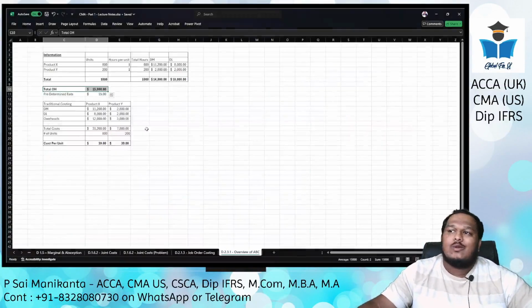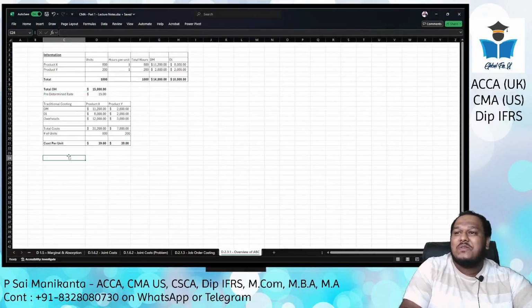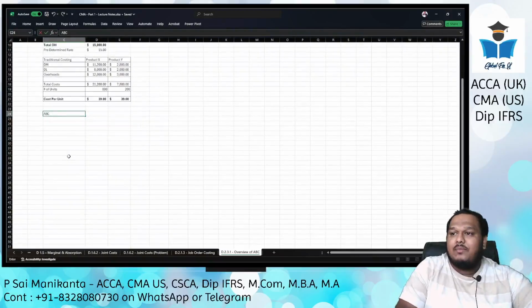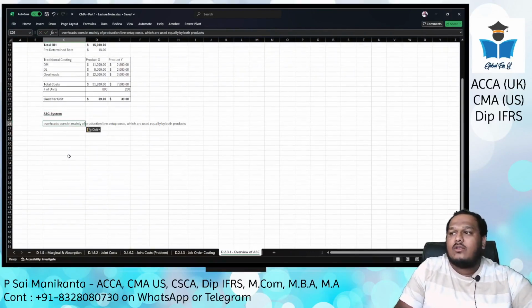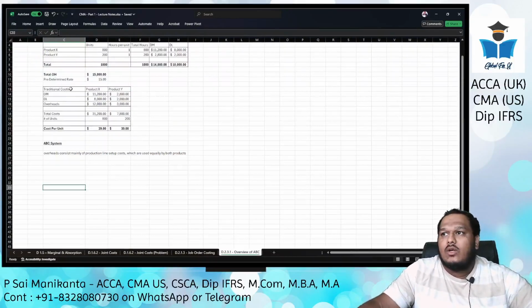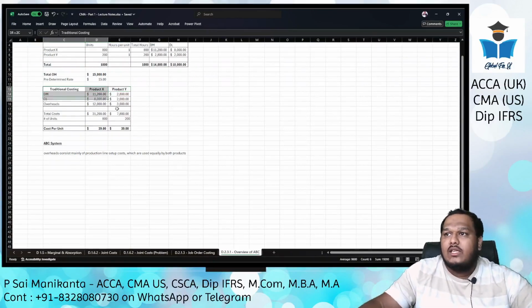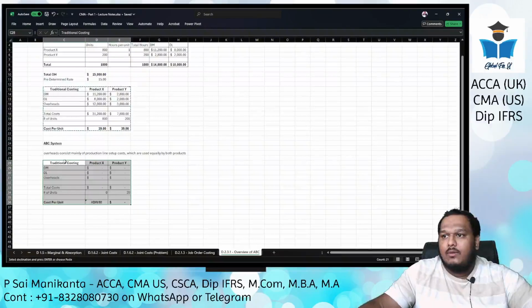Okay, this is also not a more comprehensive example, but let's do that. So here ABC system, we were given that the overhead cost mainly consists of production line setups equally by both the parts. So now when they said equally, our calculation will be the same, but we'll make certain changes here.